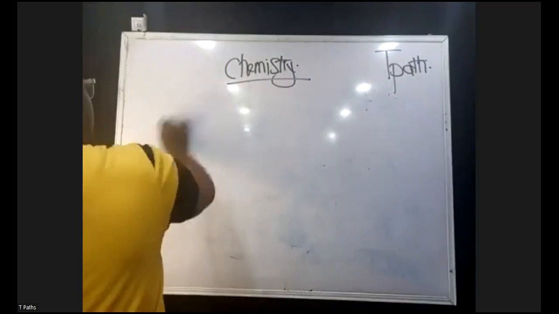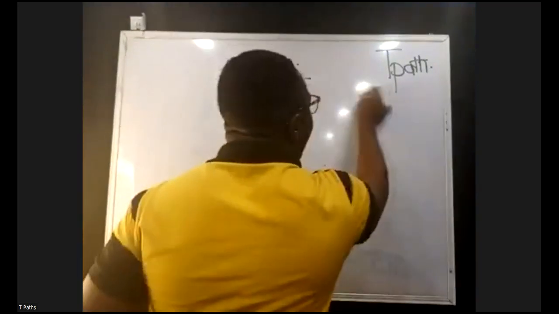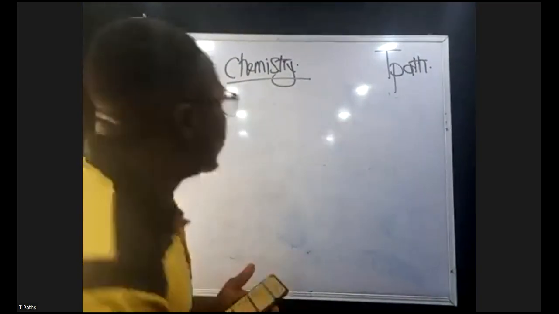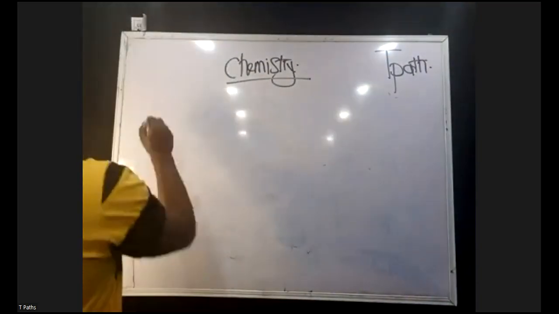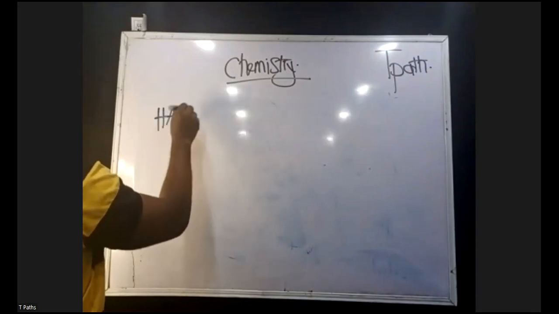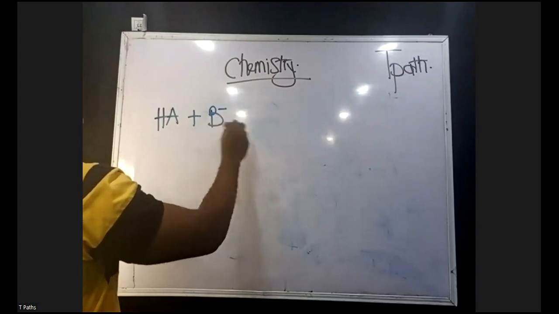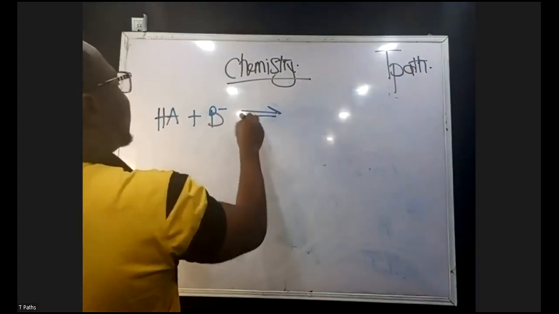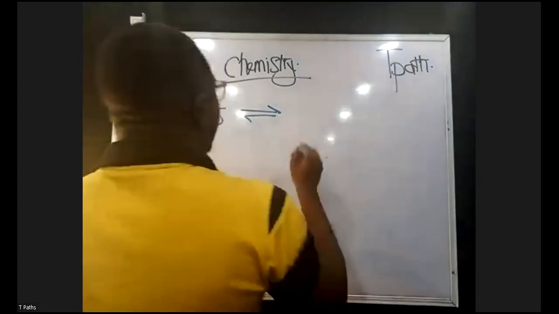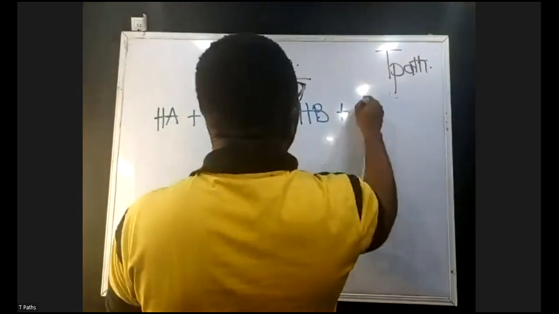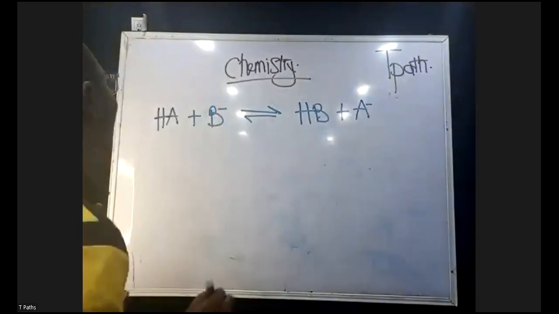Let's bring out something so we can easily relate them, because there's a relationship between the acid and base. Let's say I have HA plus B-. I will form, see that is an equilibrium, HB plus A-. First of all, HA is an acid.